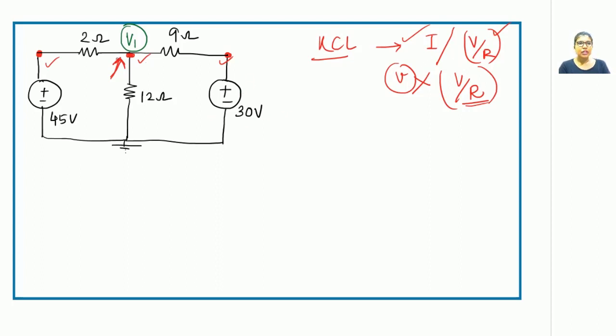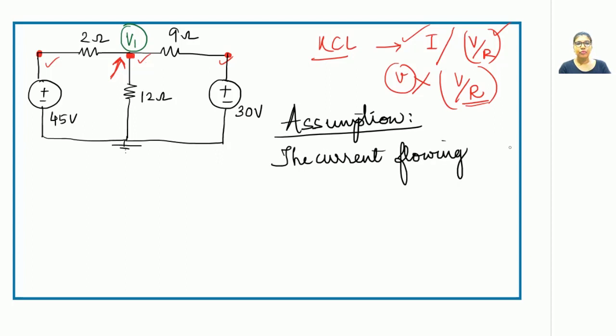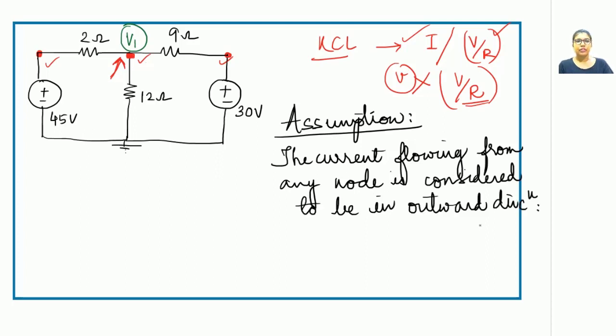Now, if I am considering only one voltage, that is V1, there is a basic assumption that we have to follow prior to writing the KCL equation. The current flowing from any node is considered to be in the outward direction.